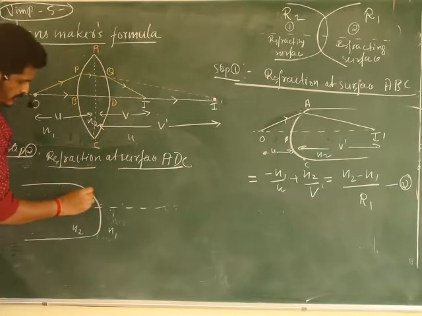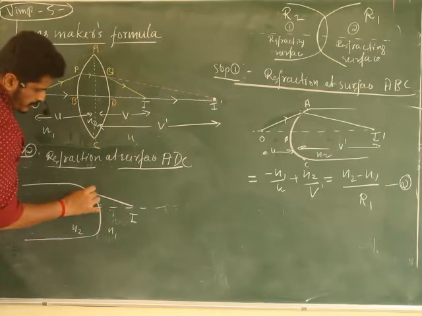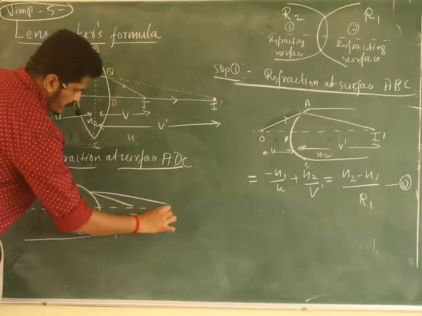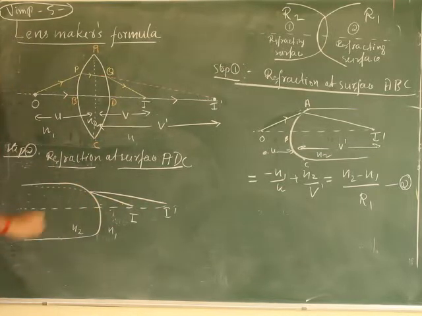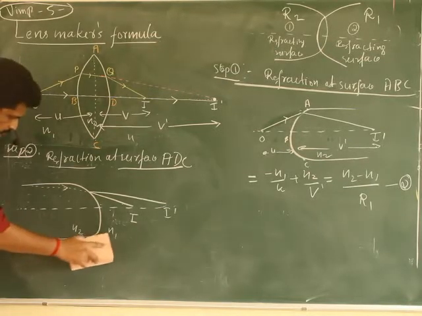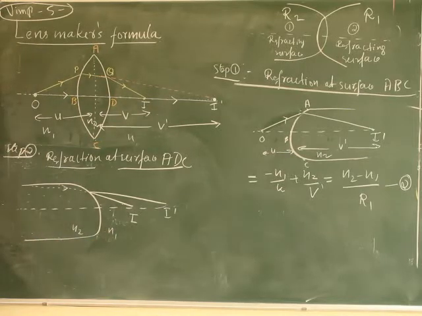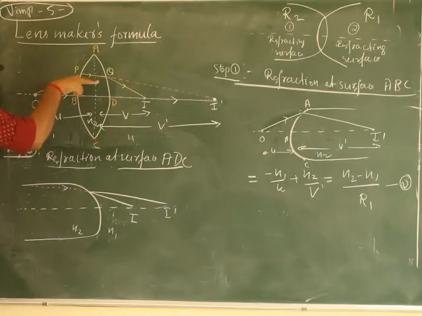So this will look like I here and I dash here. This ray of light coming like this, somewhere like this. So whether it is possible to have a ray of light from infinity? No. So now what we have to assume here, we have to be very careful in this case. Here, because of the luminous point, because of ABC, the ray of light is bent in this direction.